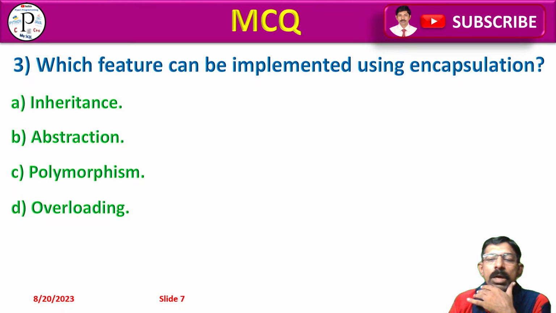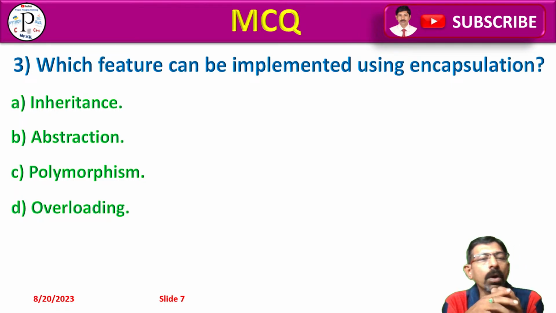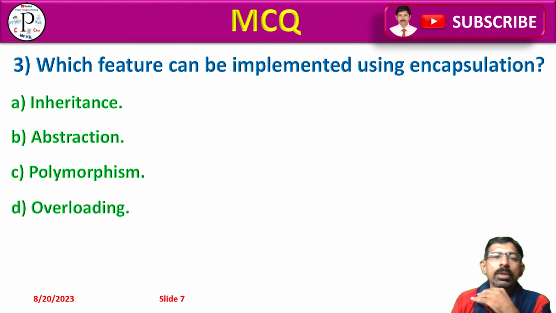Now few candidates are giving B. B is for abstraction. Okay. What about others? More than one method with the same name but different parameter. Is it the relation between the encapsulation?